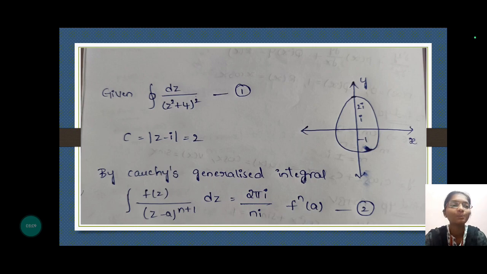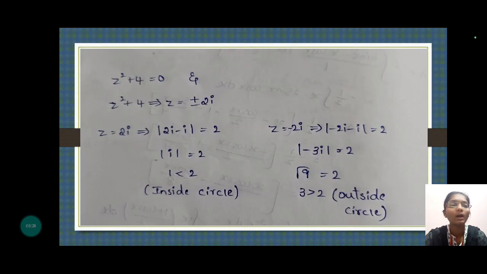We can observe in the beside graph the x and y axes. On the y axis, above the x axis we represent i and 2i, and below the x axis we represent minus i and the negative part. z square plus 4 is equal to 0 gives z equals plus or minus 2i.